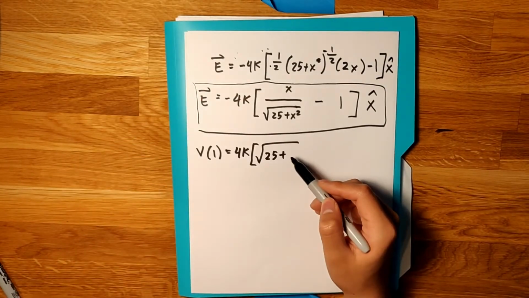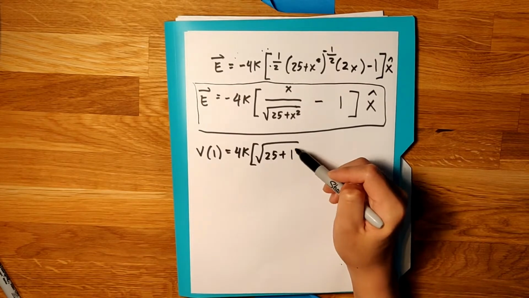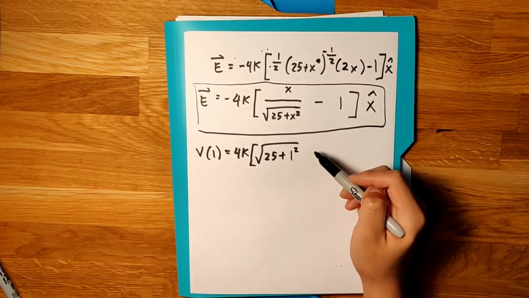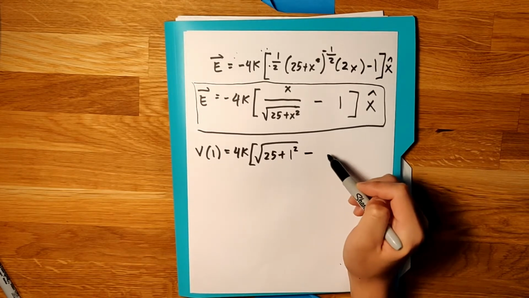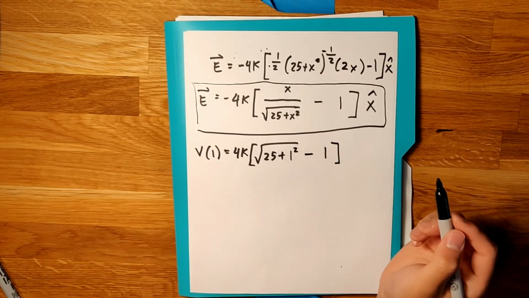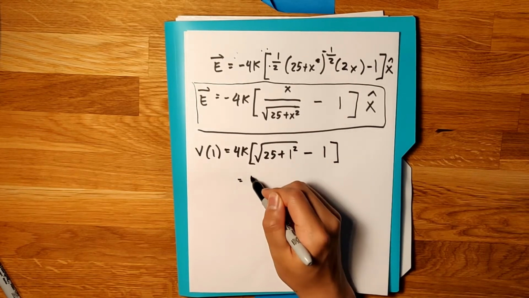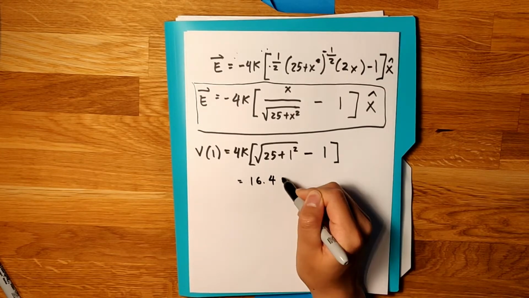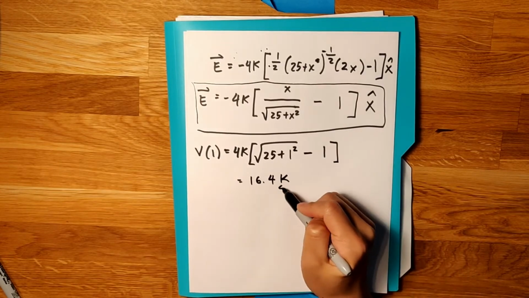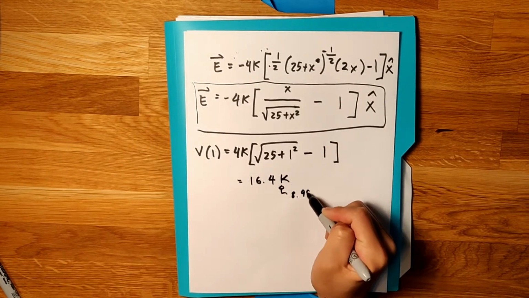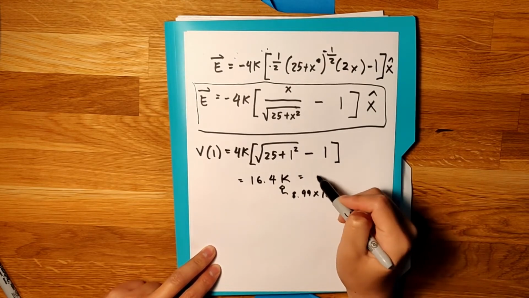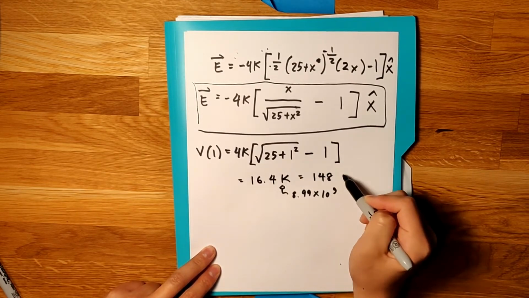So this will be x squared, or 1 squared, minus x, which will just be 1. Plugging into the calculator, you will get 16.4 times Coulomb's constant. And Coulomb's constant is simply 8.99 times 10 to the 9. And we will get 148 gigawatts.